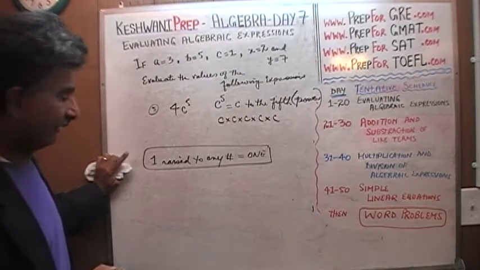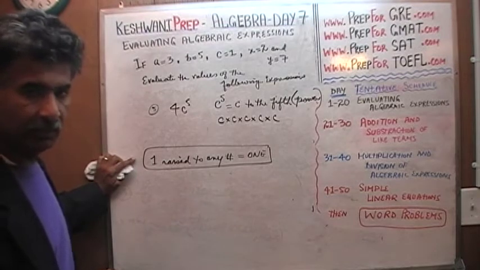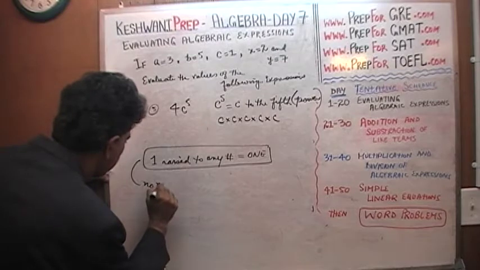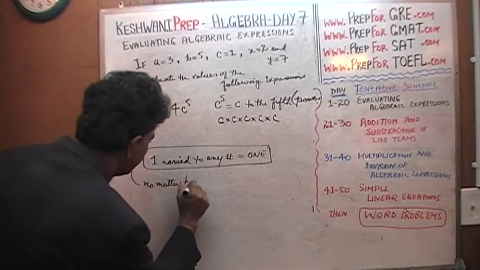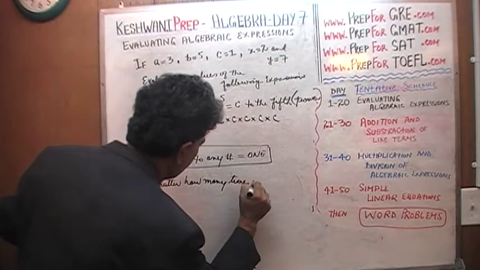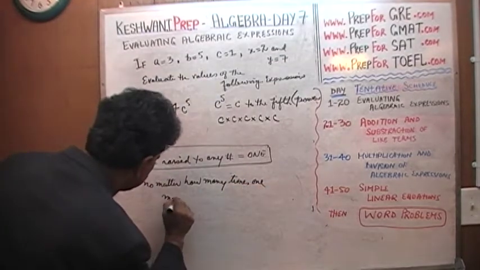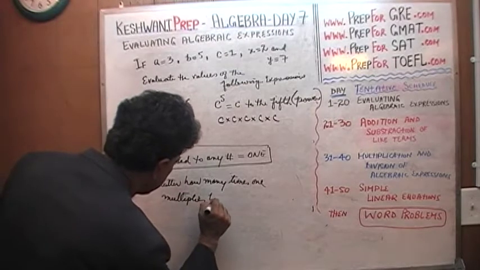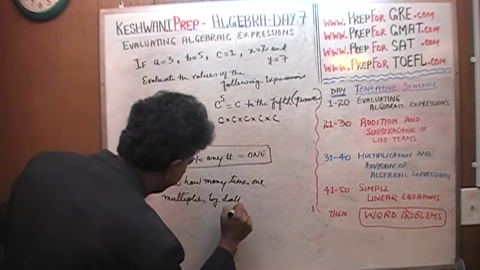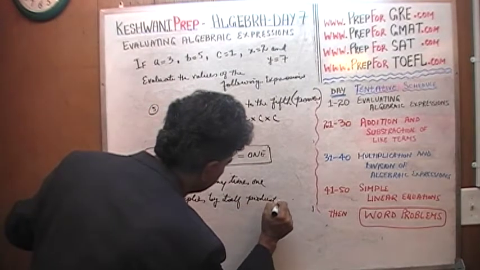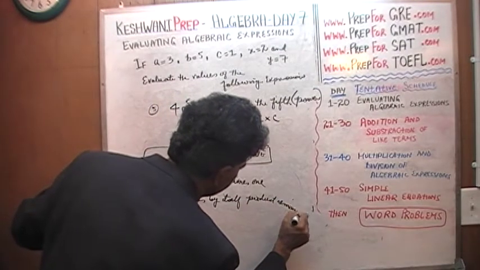The translation in English would be: no matter how many times one multiplies by itself, the product remains 1.